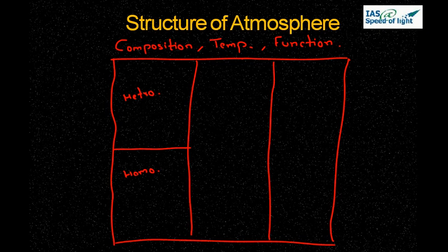The second section is the heterogeneous section where the gases don't mix well. So when they don't mix within each other, they layer themselves as per the atomic weight. So the heavier gas will be on the bottom, followed by the gases with less atomic weight. So this is about the composition.